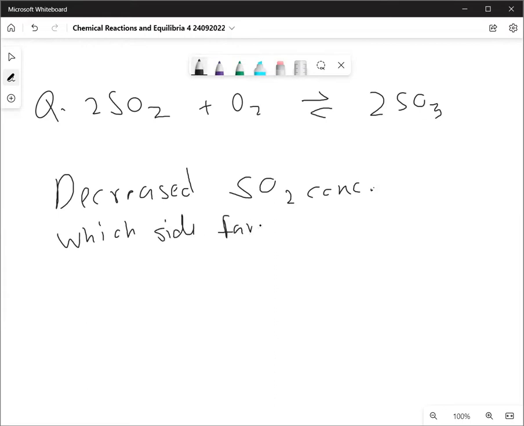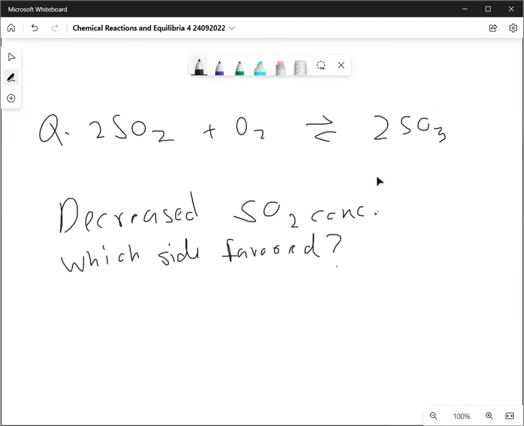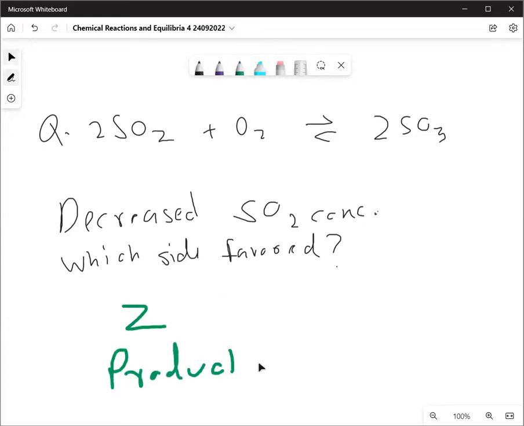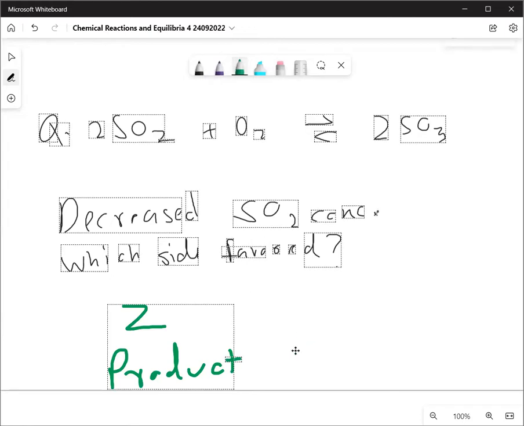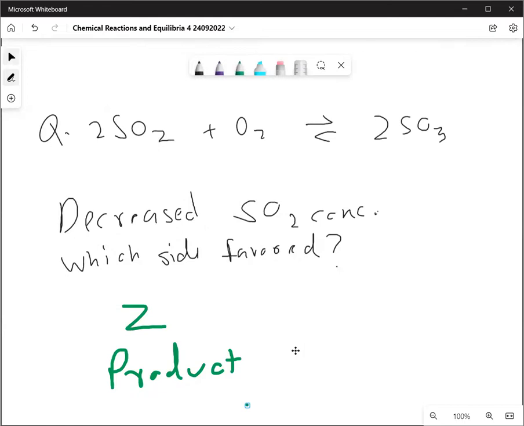Which side is favored? Product side, sir. Okay, Zahra says product side. Niranjana, what do you say? So I will say the product side also.